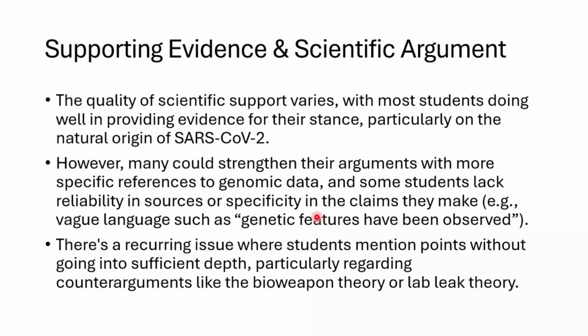When the enzymes cleave, they leave these traces, these sticky ends, right? And these are genetic features that were not found in the virus. Then you can talk about that. But saying genetic features have been observed, what is it? Like the nucleotide set, which is ATGCG, what is it exactly? So that's that.